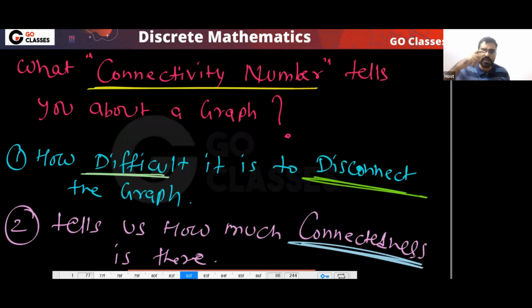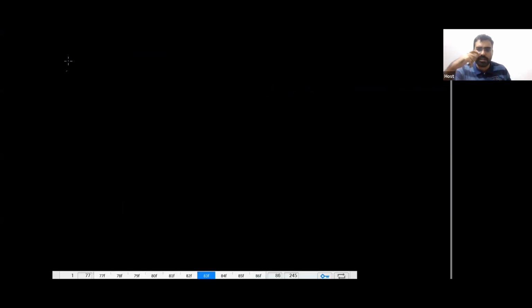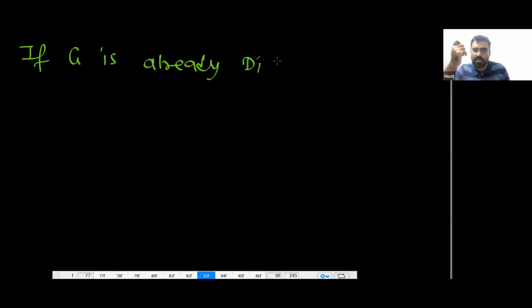Then for a disconnected graph, if G is already disconnected, what should be the kappa number? It will be 0. Very good.